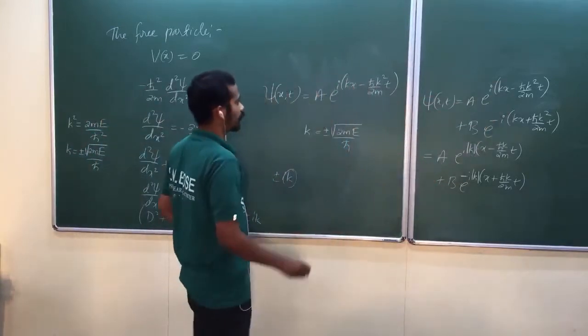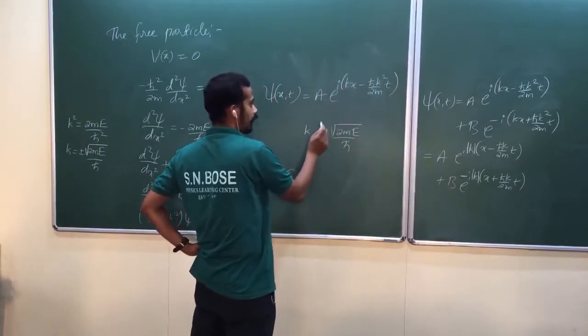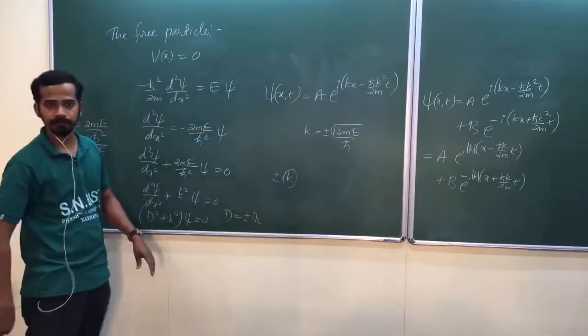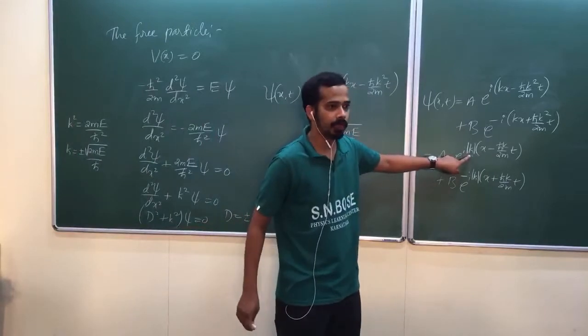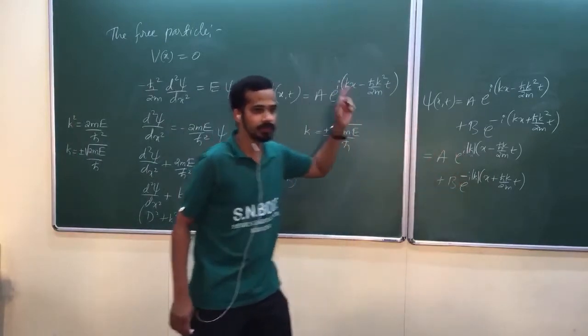Now what I do here is, I'll merge these two, and now I'm not taking k as positive, I'm running k to positive as well as negative, just like here. When k is positive, it will happen to be like this. When k is negative, it will happen to be like this. Just check it out.